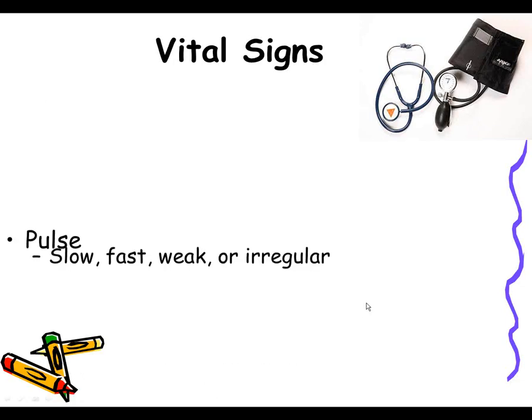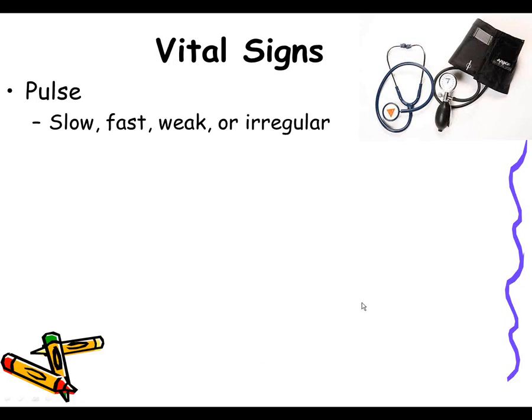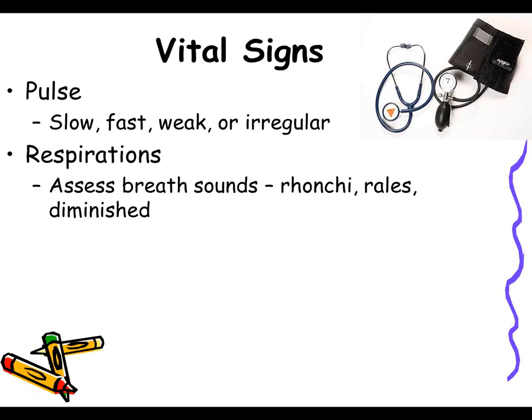We're going to want to get a good set of vital signs, and they're going to be all over the place. Heart rates can be really slow. Heart rates can be really fast during acute coronary syndromes. Blood pressures can be really low, so the pulses may be very weak. They can develop arrhythmias, so the pulse may feel irregular. You want to listen to their breath sounds, because wet breath sounds certainly could indicate a potential for left heart failure.